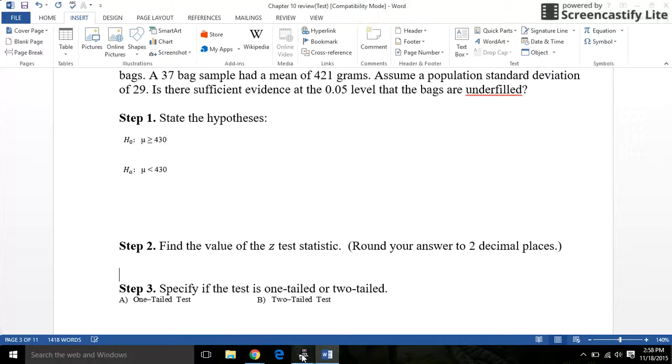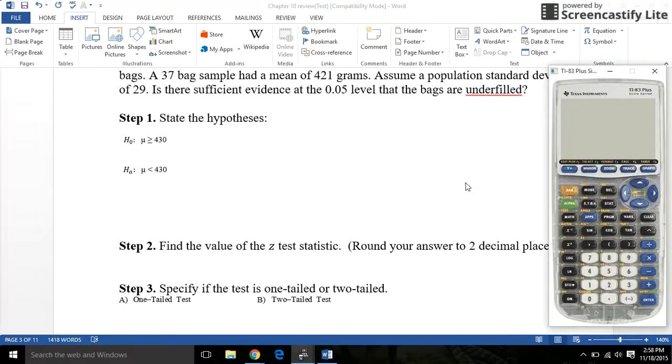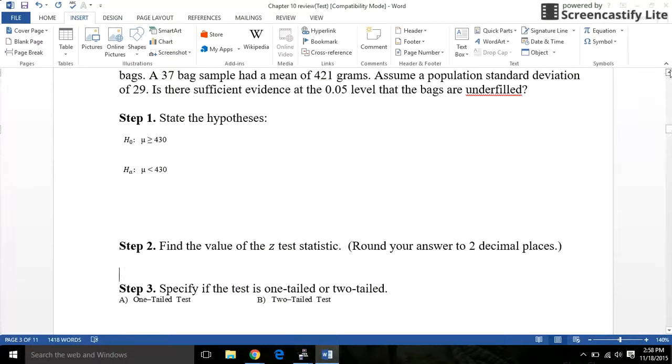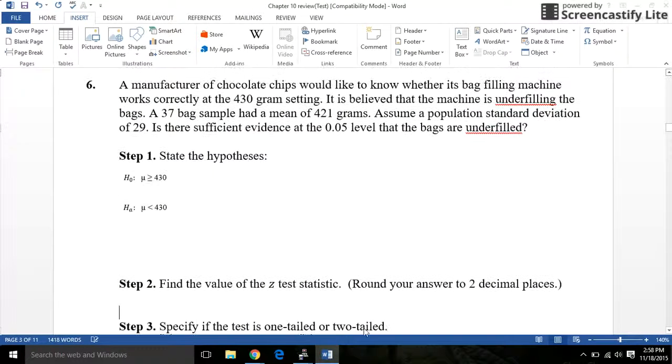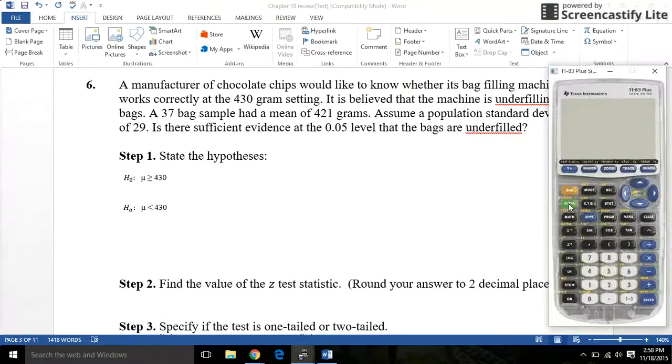All right, so let's go back to our calculator and let's fill in what we need. Let me scroll up so we can look at our stuff. All right, so I'm going to go back and do stat over to test and hit enter. Okay, so again, I'm doing statistics. Now I've changed. My population mean is 430.